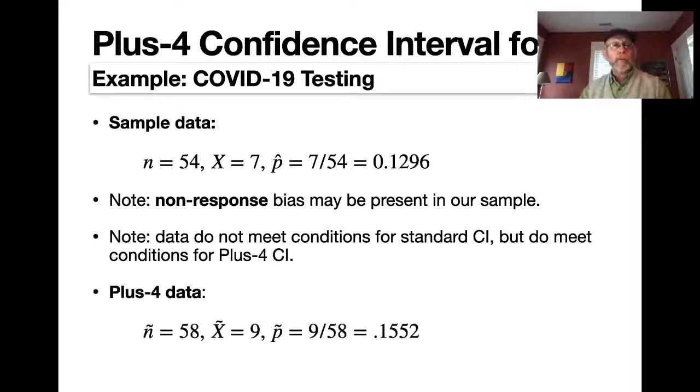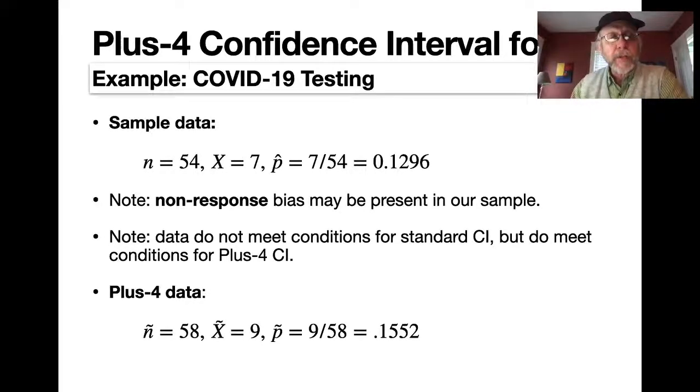So what's our +4 data? Well, we add 4 new observations to the data set, so our new sample size becomes 58. 2 of those 4 were successes, so our new count of successes, quote unquote, positive tests, would be 9. That gives us a +4 point estimate of 9 out of 58, or 15.52%.